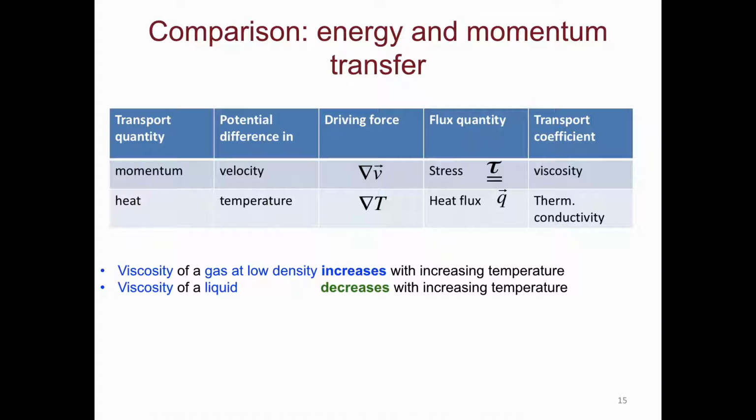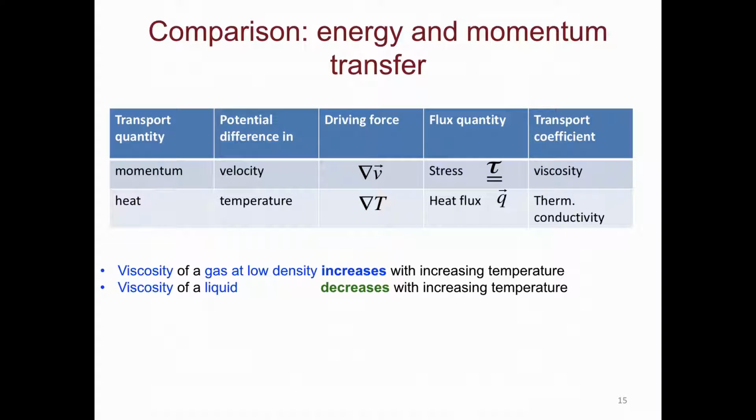So my driving force was actually a tensor, because to look at how differences in vectors affect the flow, I have to look at all three independent directions, or how it changes with respect to the three independent directions. So my flux quantity was stress, which was also a tensor. And the stress was evaluated by looking at the forces across three different independent directions.